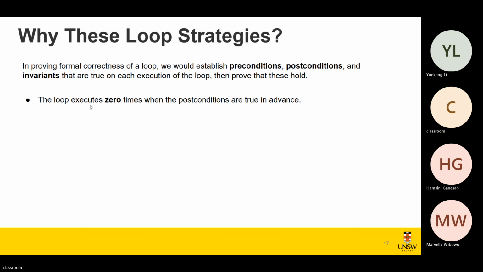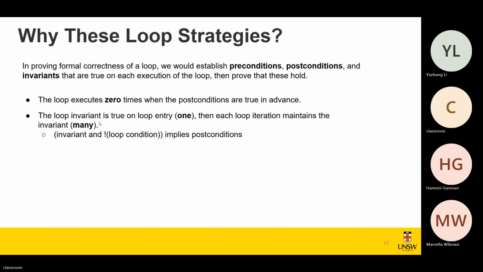So if the loop executes 0 times, which means that we are not entering the loop at all, right? So it means that the postconditions must hold in advance. Postconditions are the conditions or the context of the program after we execute the loop. And because we are executing the loop 0 times, it means that these postconditions are true in advance.